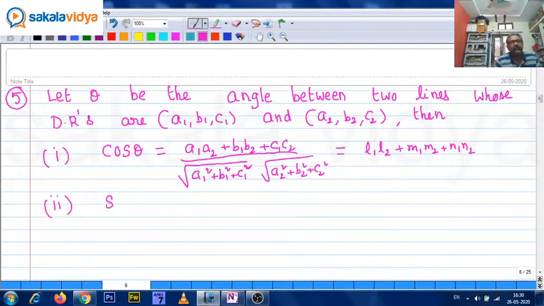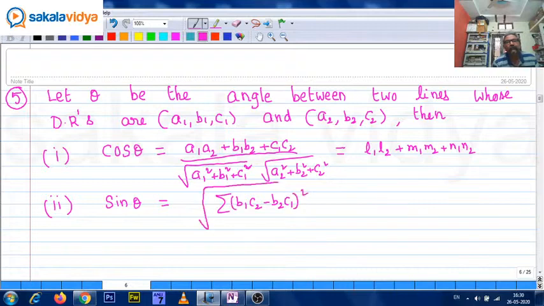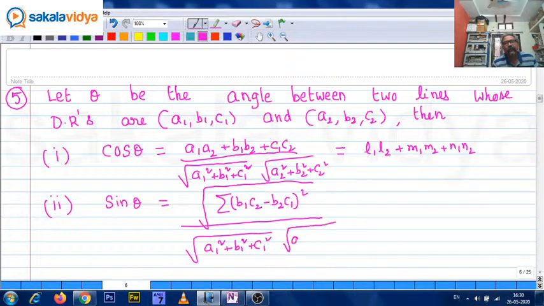Sin theta is equal to, the cross product we can find out. So you will get the square root of the sum of (b1 c2 minus b2 c1) whole squared, upon root of a1 square plus b1 square plus c1 square, root of a2 square plus b2 square plus c2 square.